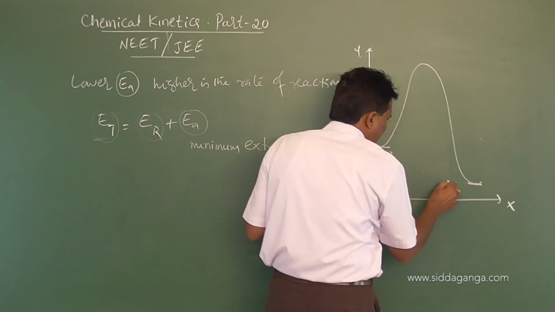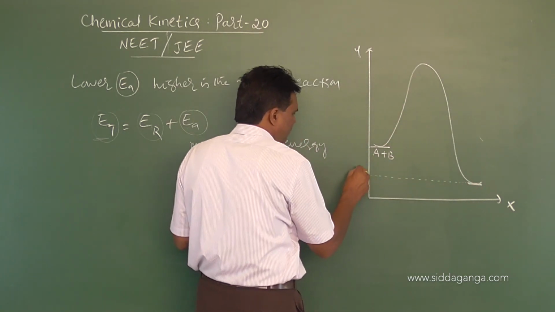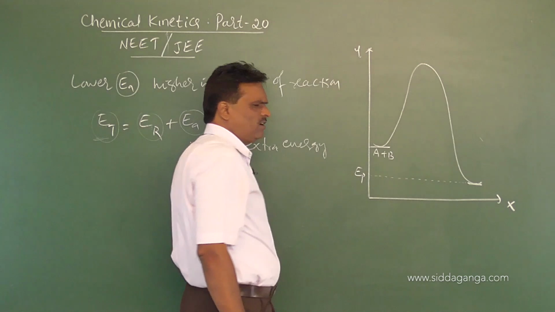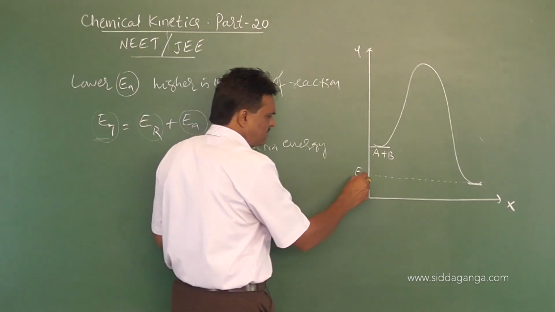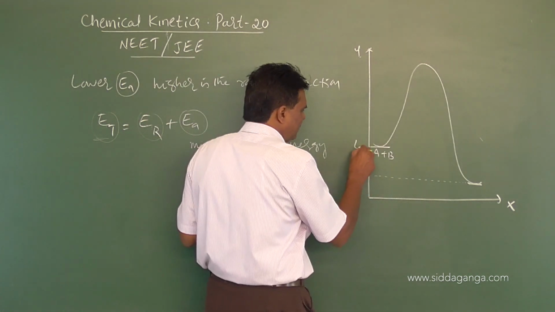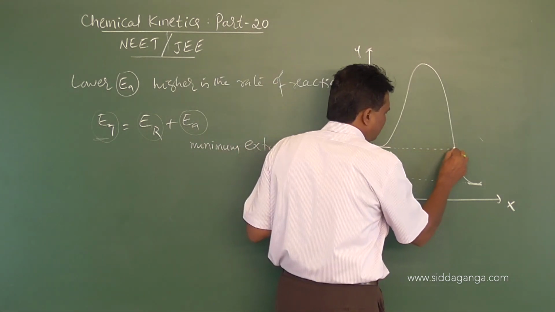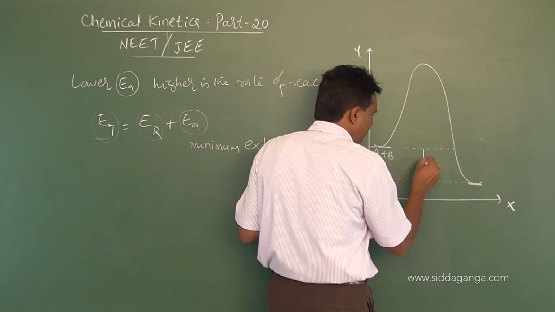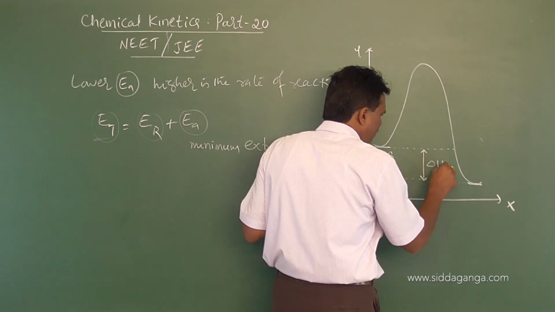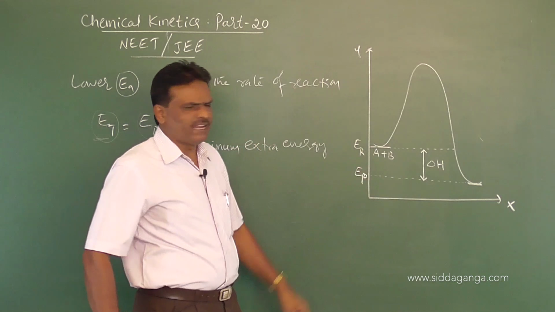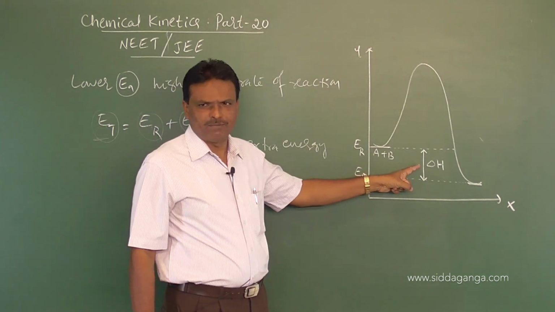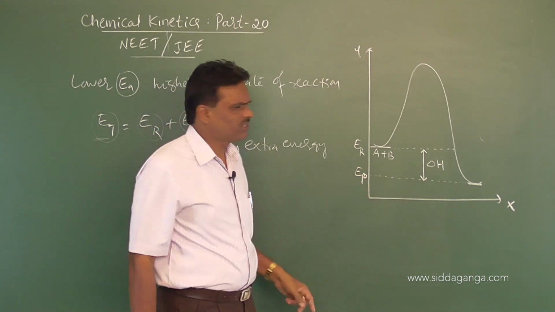This corresponding energy is called the EP. EP means energy of products. This is the energy of reactants. The energy difference between the products and the reactants is called the enthalpy of reaction, or delta H.